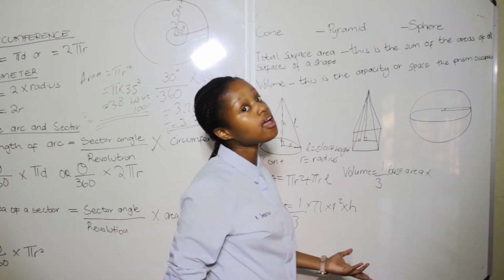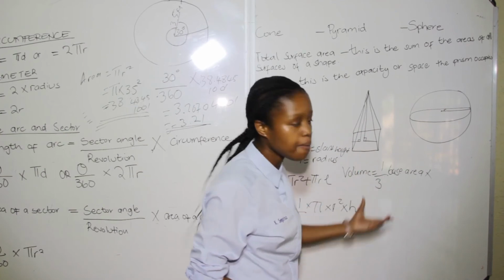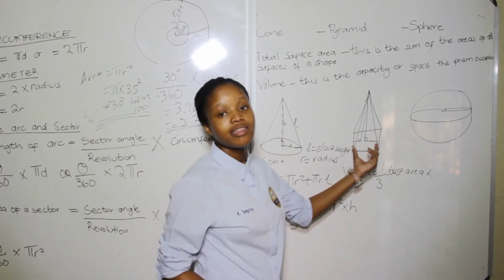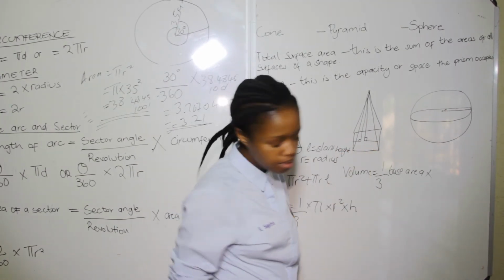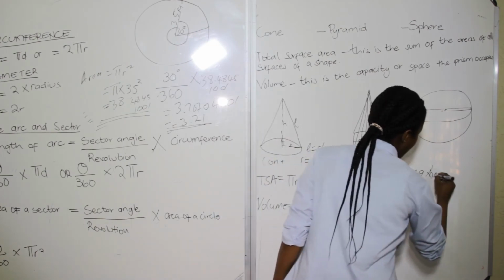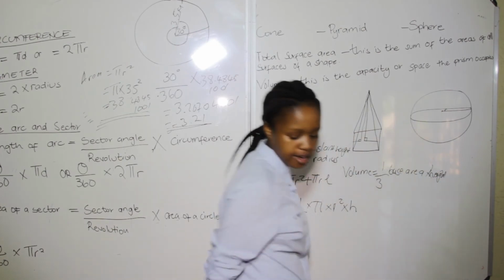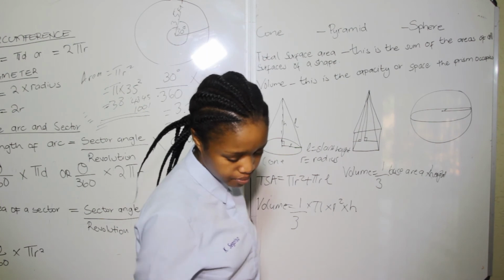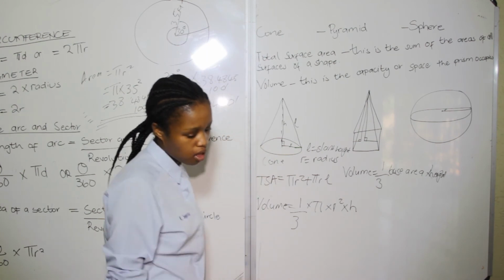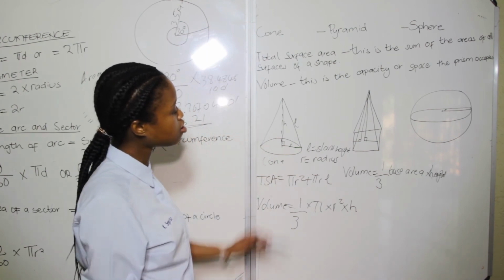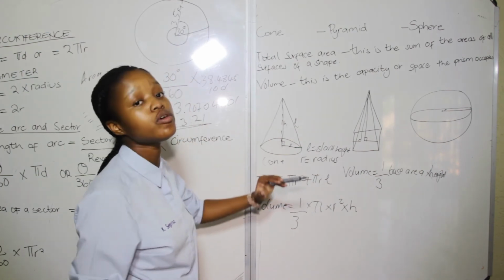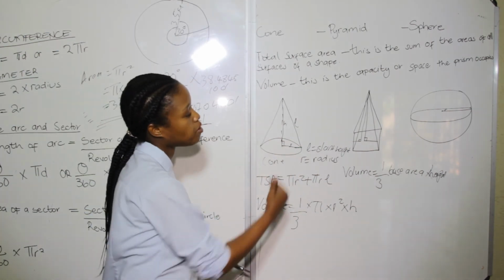And if it's a square base, it's going to be the area of that square, multiplied by the height. So this is how we're going to find the volume of a pyramid.